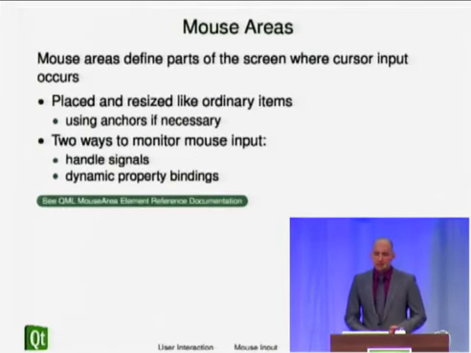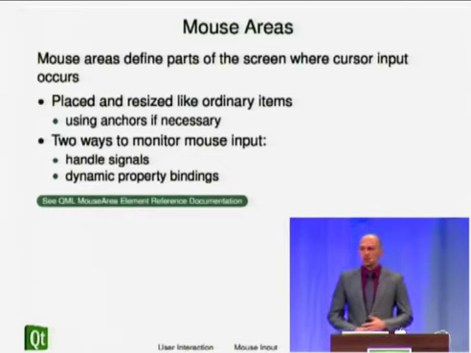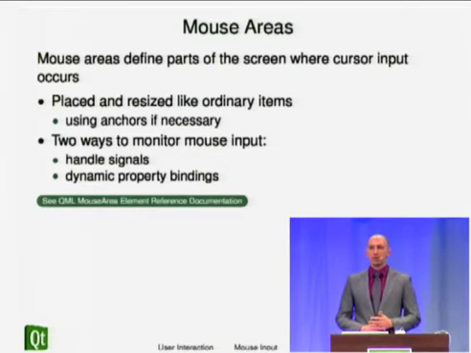Now, by itself, things aren't clickable in QML. The clickable aspect has been split out into a new concept called mouse areas. This might seem a bit over the top to you. I mean, why isn't there something that just allows me to click on an image?